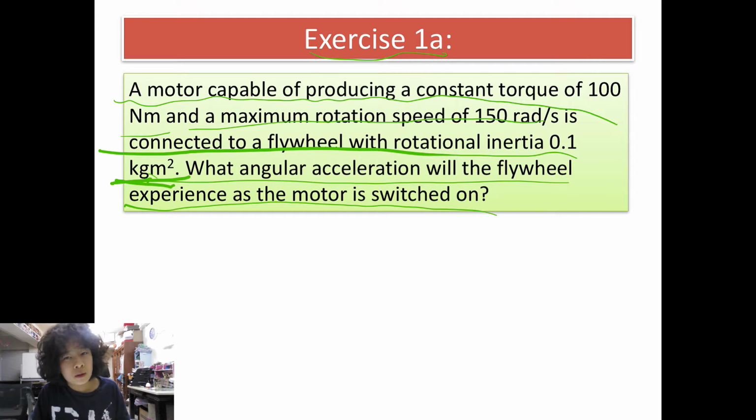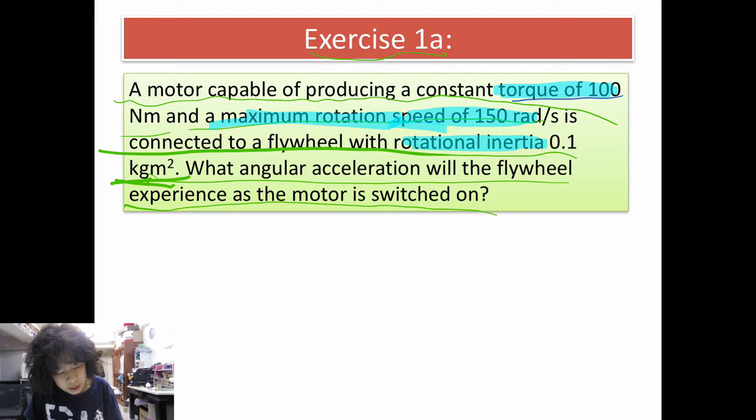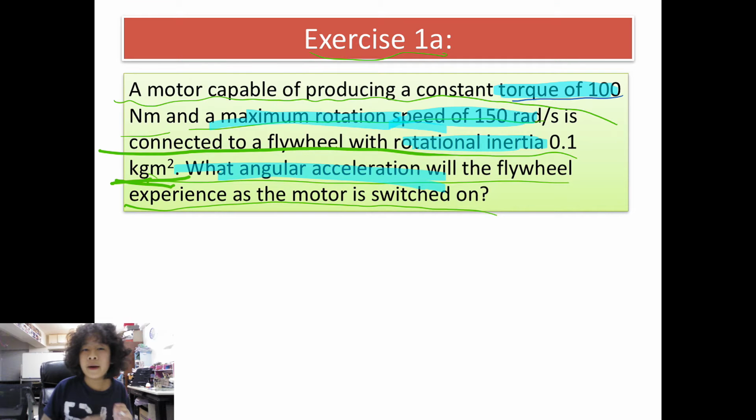So now you can see we get the torque, the rotational inertia, and the maximum rotational speed. We are going to find the angular acceleration.